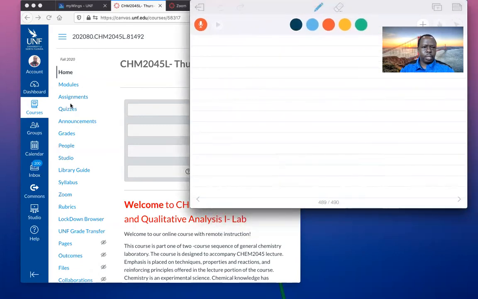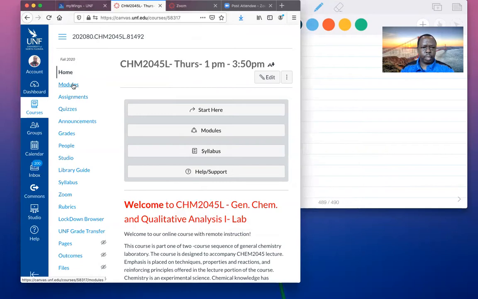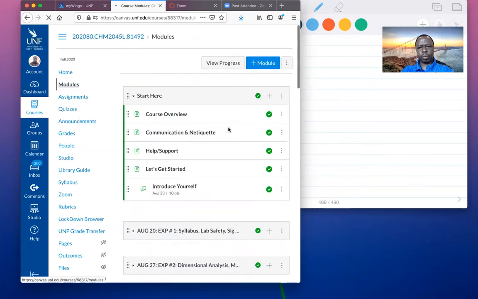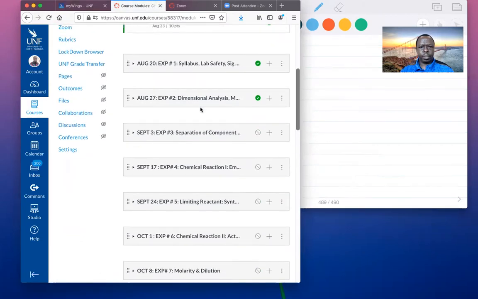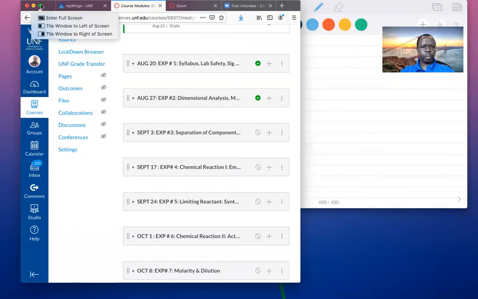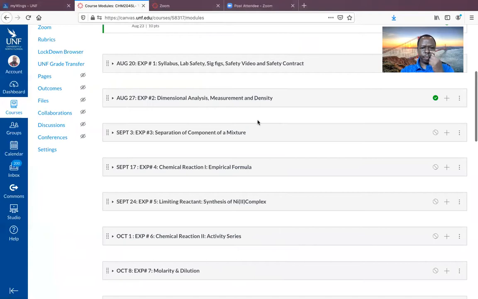As I said during our first class meeting, there will be weekly modules under the module tab on Canvas. So right now, this is where I have week number 2, or experiment number 2. You will download all the files, all right? You'll download all the files in module number 2.